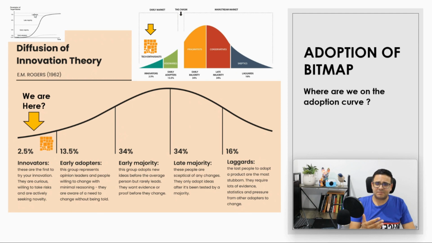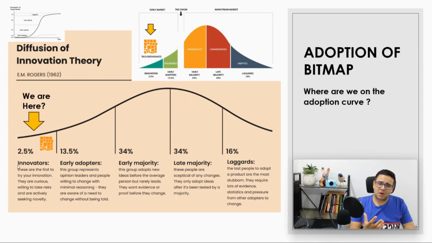Some of you may say, perhaps we're at the early adopters stage. And I get it, because maybe we have passed that innovation stage. But I'm looking at this from the view that, technically, nothing has been fully built and recognized yet on Bitmap. There are a lot of projects, and I think it's attracting a lot of people into the space, which is fantastic.